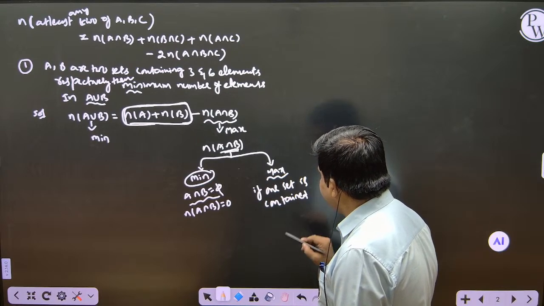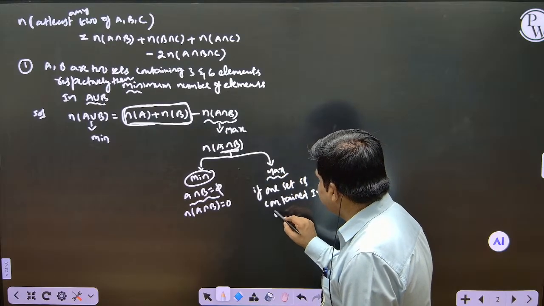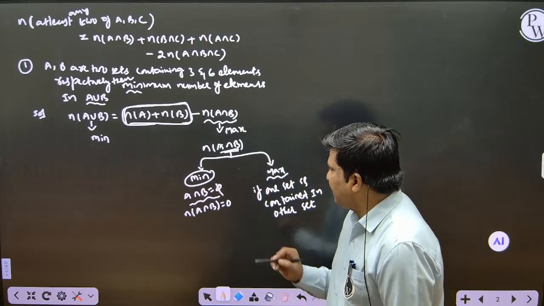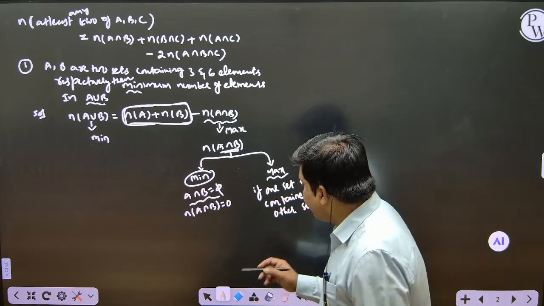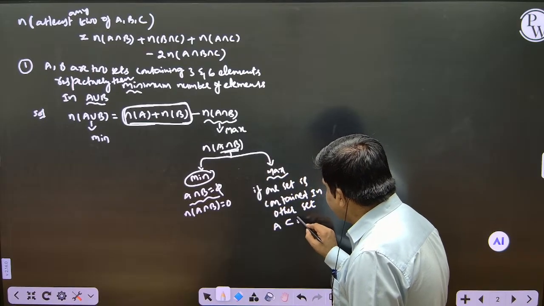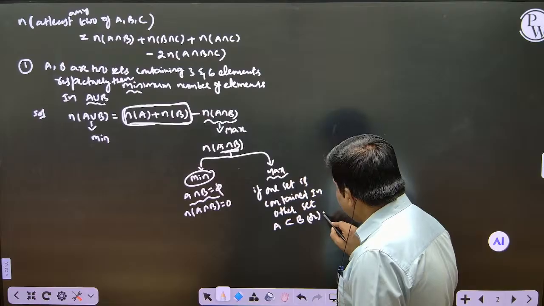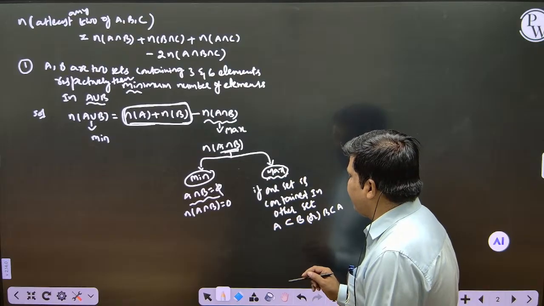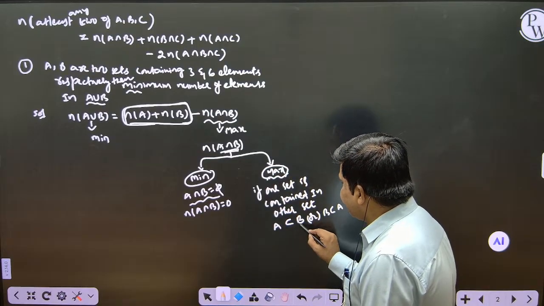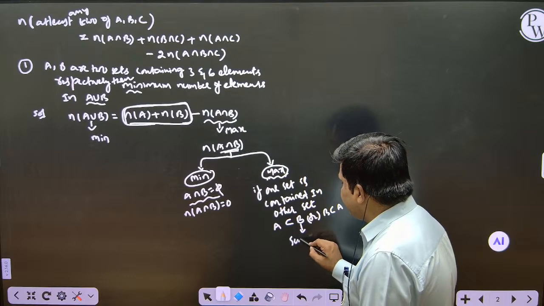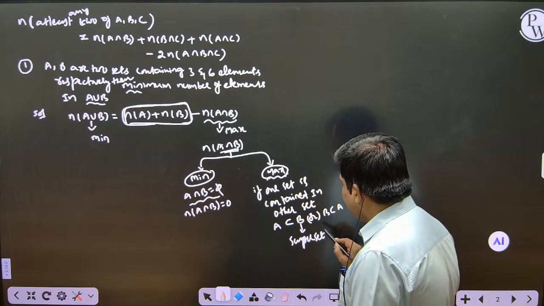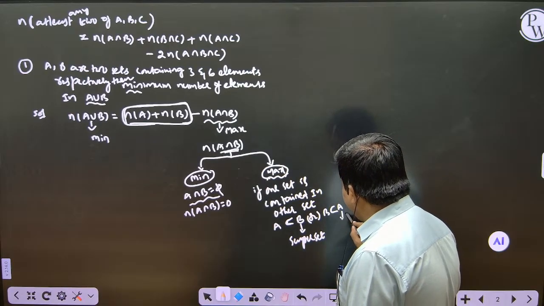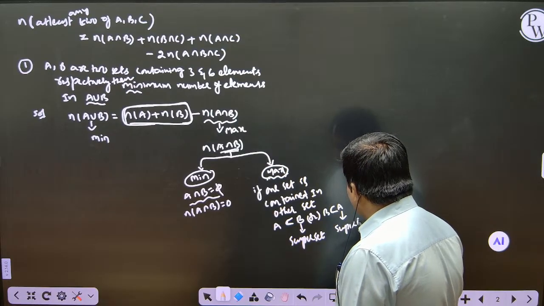So either A is contained in B or B is contained in A. If A is contained in B, B is a superset, which has more elements than A. If B is contained in A, then A is the superset.